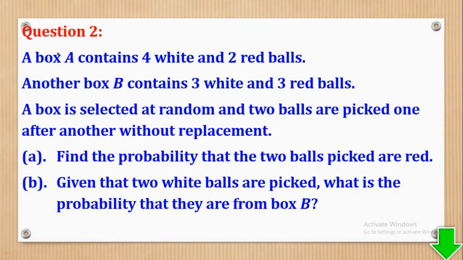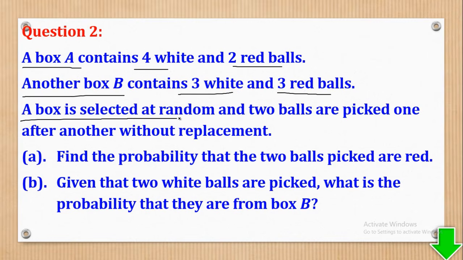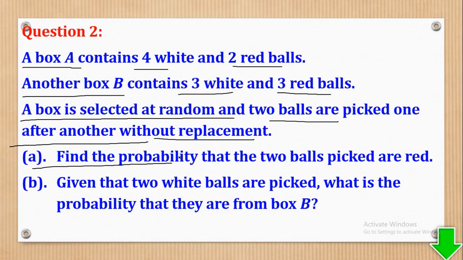So now we shall go to question 2. It says a box A contains 4 white and 2 red balls. Another box B contains 3 white and 3 red balls. A box is selected at random and 2 balls are picked one after another without replacement. Find the probability that the 2 balls picked are red.